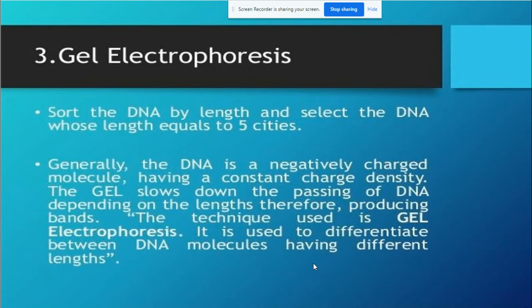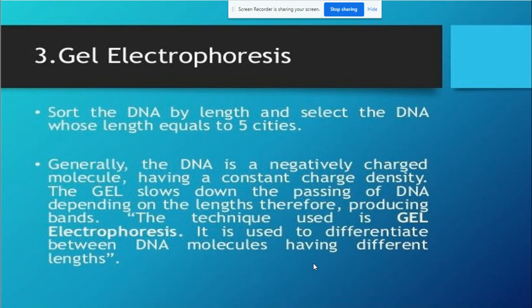Gel electrophoresis. Sort the DNA by length and select the DNA whose length equals five cities. Generally, DNA is a negatively charged molecule having a constant charge density. The gel slows down the passing of DNA depending on the length, therefore producing bands.